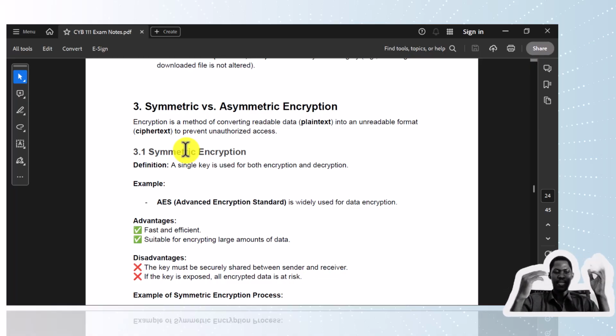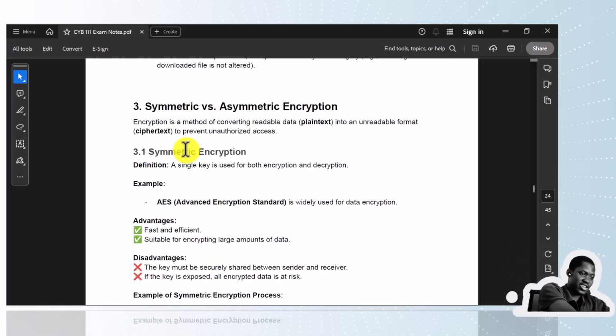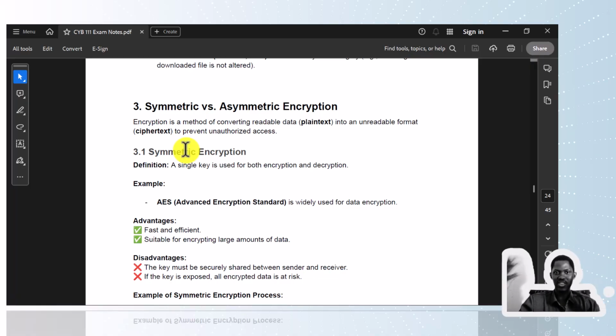They even give you scenarios: if it is this scenario, what encryption should you use? Each scenario has one type of encryption that is best for it. As you will see, they both have advantages and disadvantages, so depending on your situation, you pick the one that is best. There's no one size fits all.